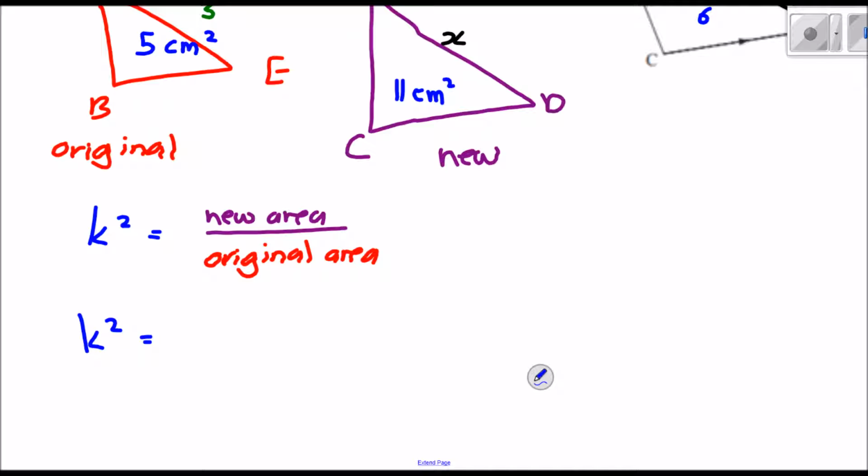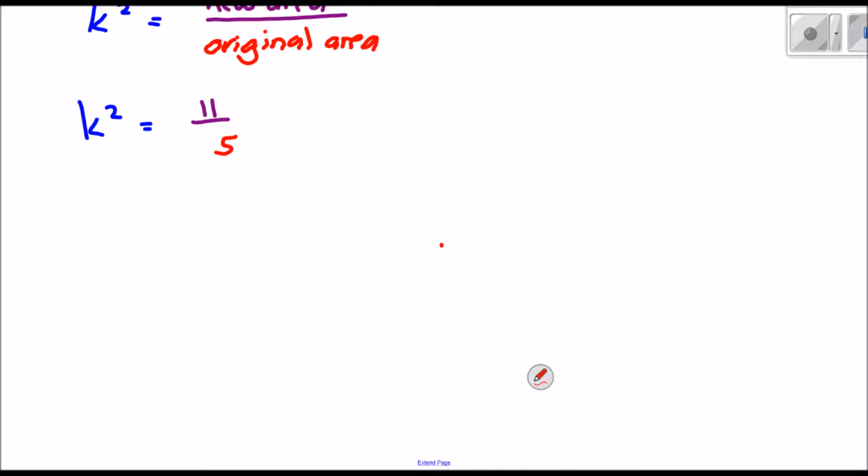Okay, so the common mistake is people would misread and think that the purple area is 6, but it's not. It's 6 plus 5. So that's 11 over the original area, which is 5. So it looks like we're going to have a slightly awkward, dirty kind of scale factor, but that's fine. Whatever you do, don't think that you need to work it out to lots of decimal places.